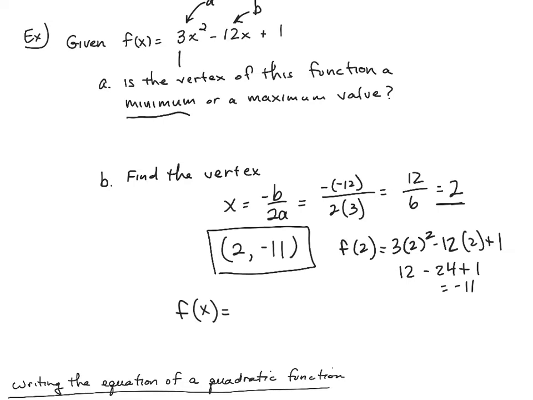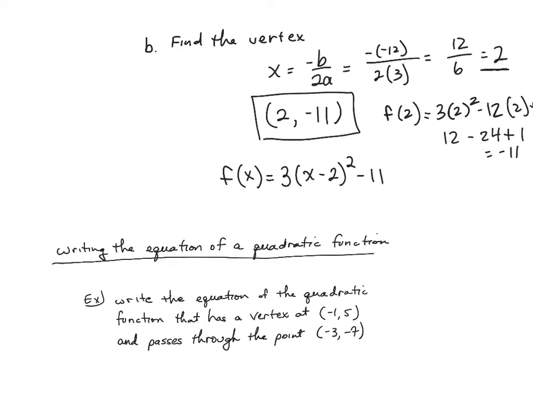So here we had an a value of 3, so in standard form you have the same a value. The vertex has an x value of 2, so that's x minus 2 squared, and the y value is negative 11, so it's minus 11 at the end. So you can use this vertex formula to write the equation in standard form as well if you don't want to use the method of completing the square.